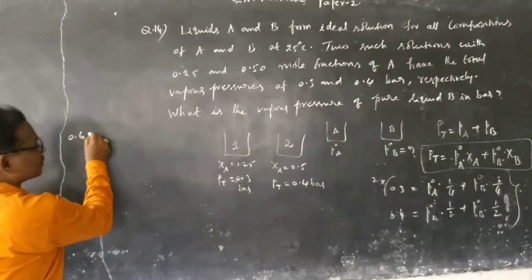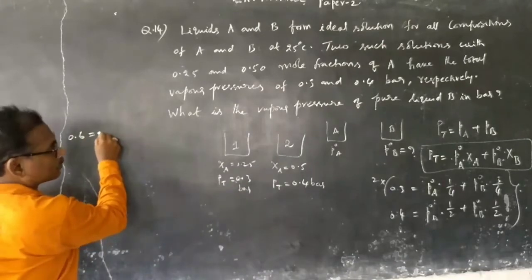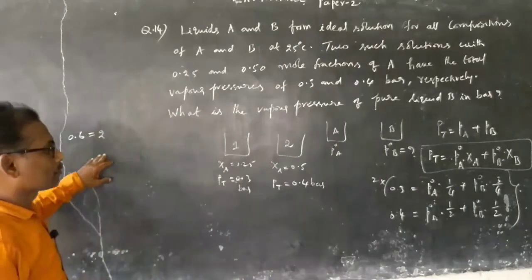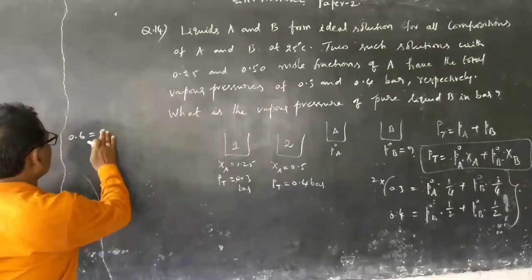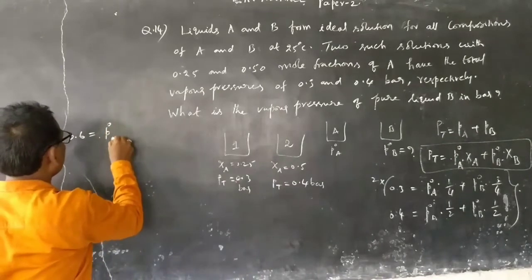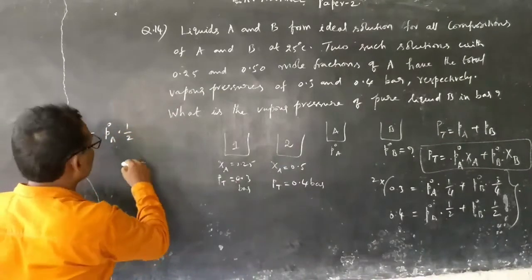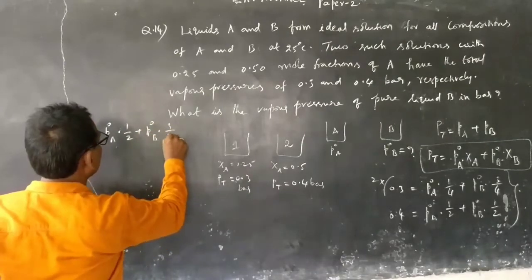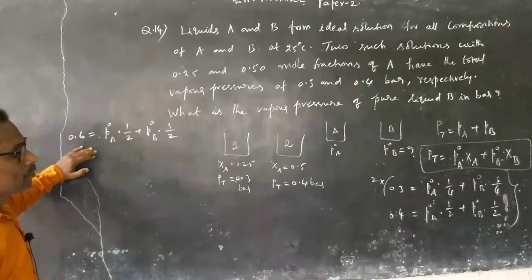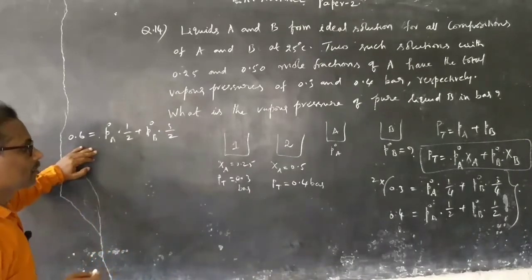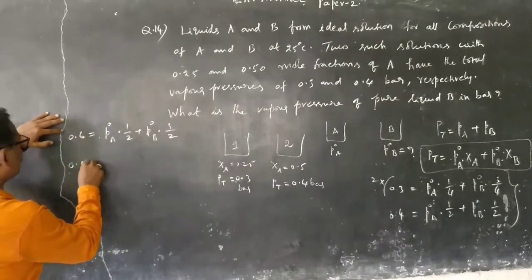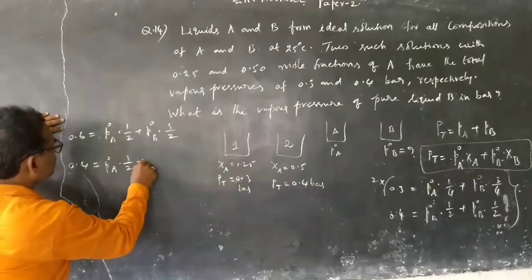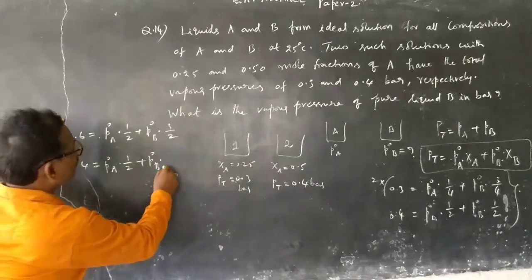That is 0.6 is equal to 2 times P naught of A into 1 by 2, plus P naught of B into 3 by 2, with multiplication by 2 on both sides of the equation. The next one, 0.4, as such I am writing: P naught of A into 1 by 2, plus P naught of B into 1 by 2.